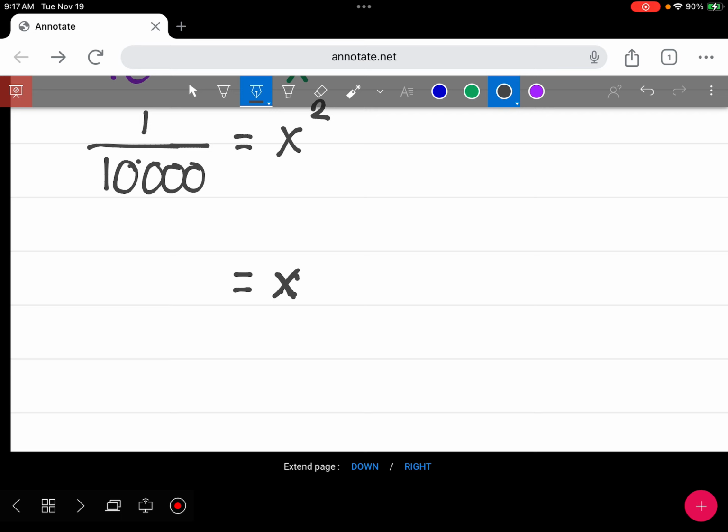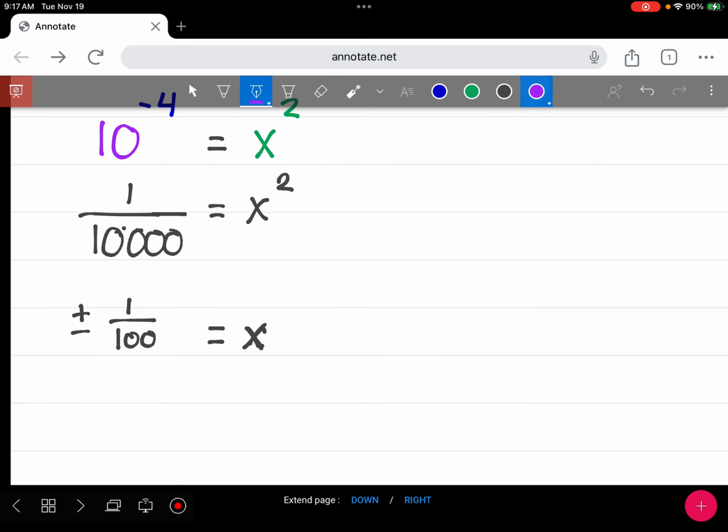What do we get? 1 over 100. What are we forgetting? Plus or minus. Whenever we square root both sides of an equation, that's when we get our plus or minus. So it could be positive 1/100th or negative 1/100th. Either way, we would get the same answer.